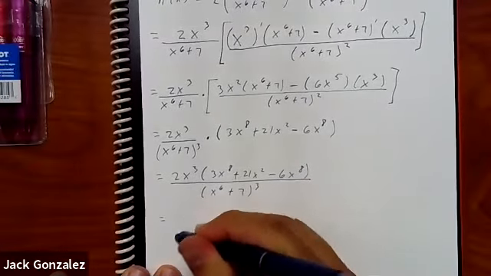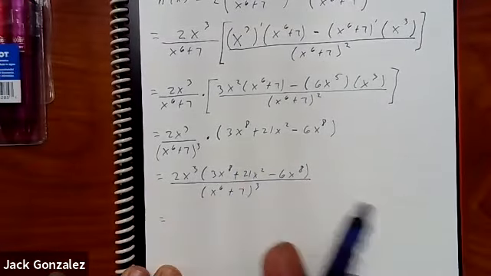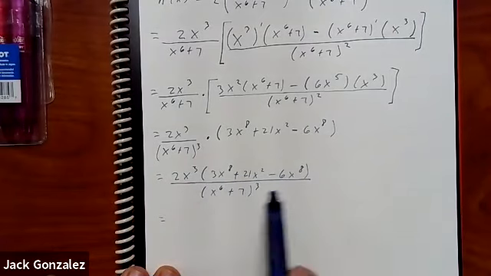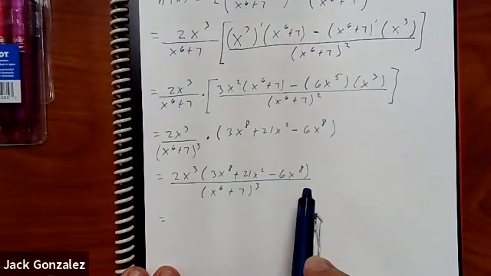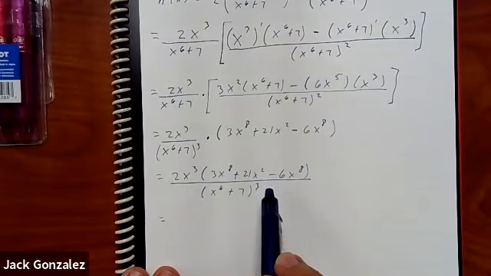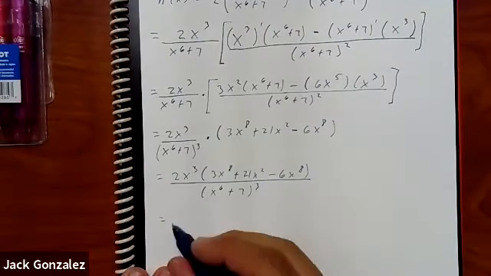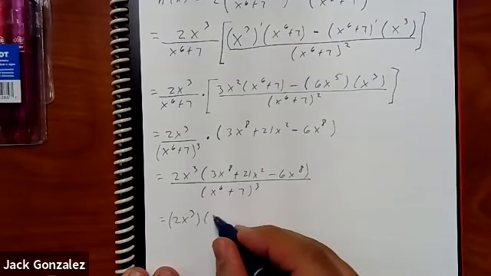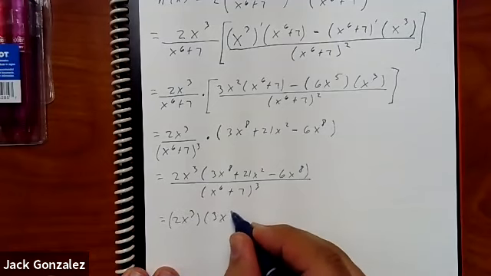Instead of multiplying it in, let's just take out what's in common. What do they all have in common right here? 3 and looks like x squared, right? So I'm going to pull out a 3x squared.